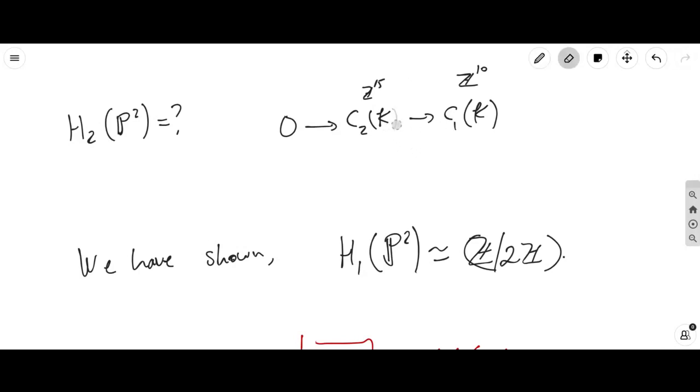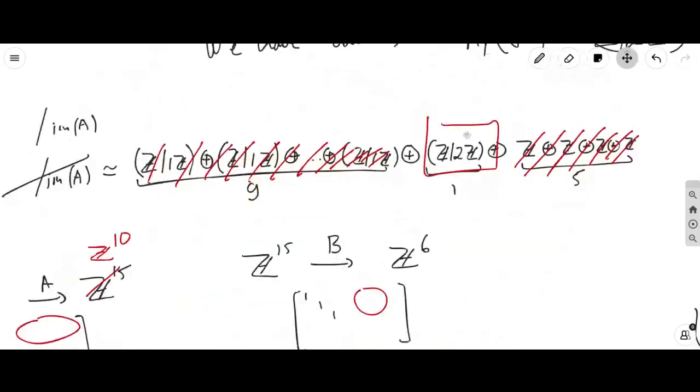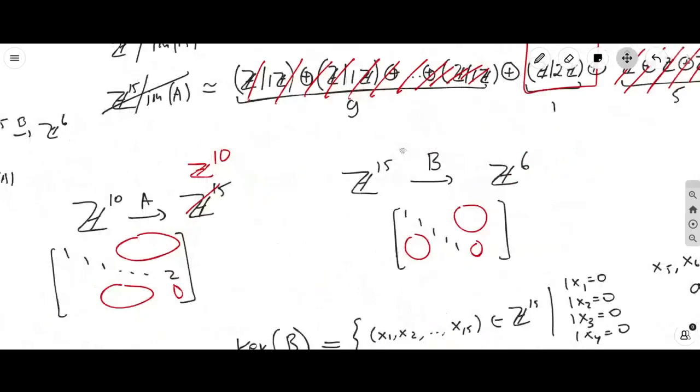And this is our matrix A from before, but now we're not interested in the image, we're interested in the kernel of A. And to find the kernel of A, just like what we did before, you write out the Smith normal form. And this is what we ended up getting, right? We've written it all the way here. That would be the Smith normal form.